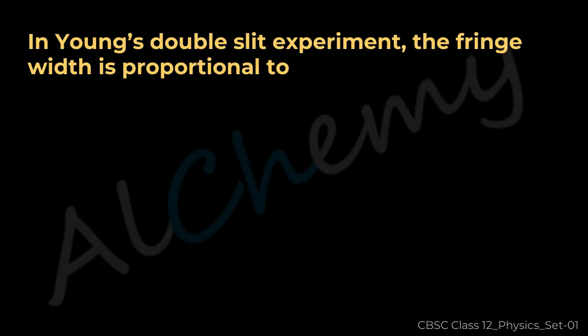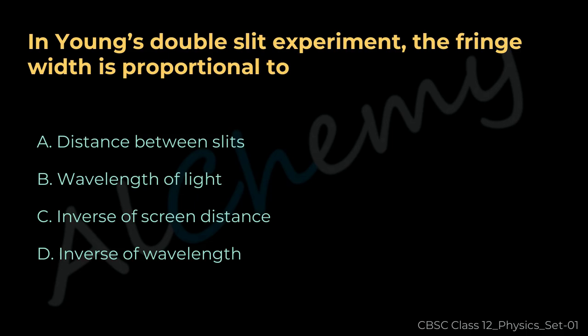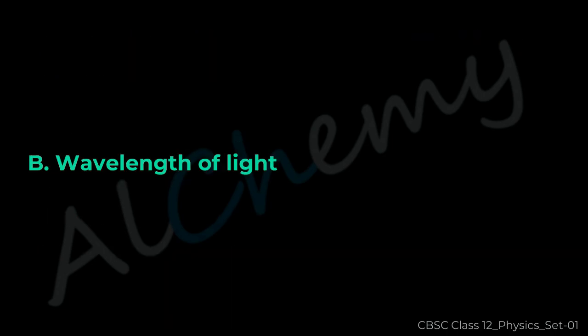Question 24. In Young's double-slit experiment, the fringe width is proportional to A. Distance between slits, B. Wavelength of light, C. Inverse of screen distance, D. Inverse of wavelength. The correct answer is B.